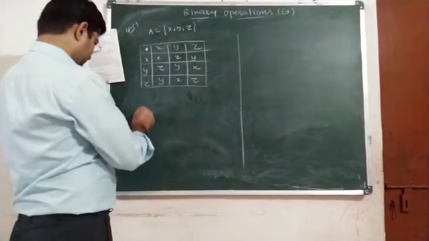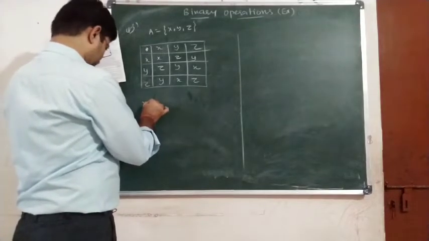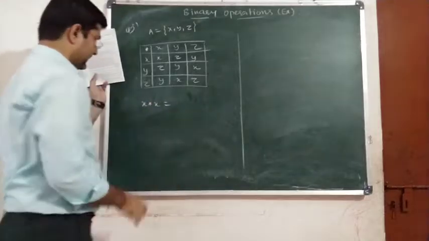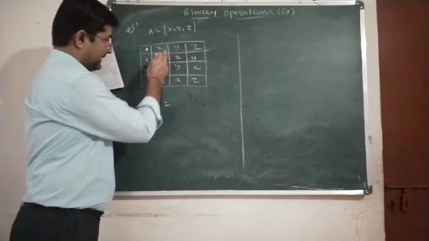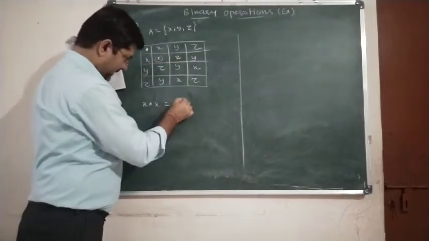We have to find out certain values, x asterisk x. So we know how to find the value of x asterisk x. This answer will be x only.